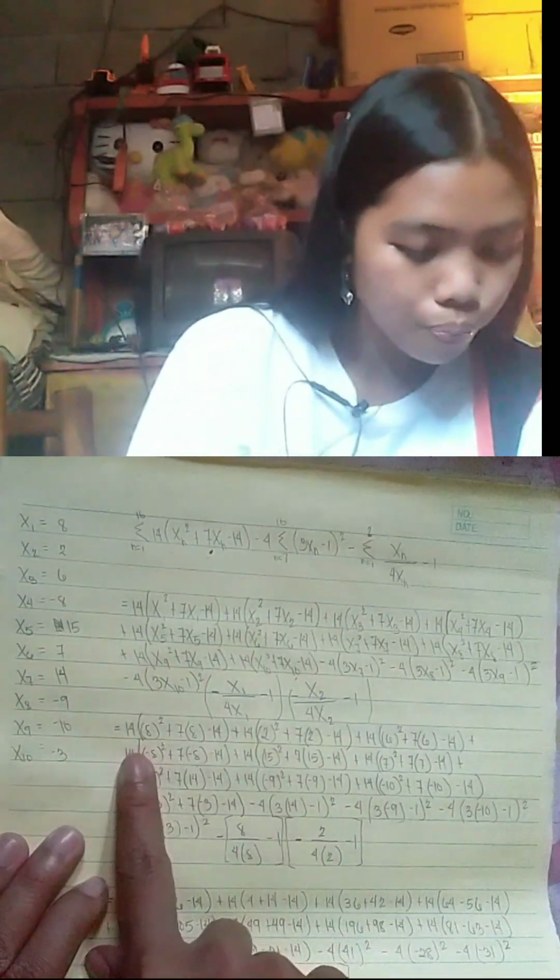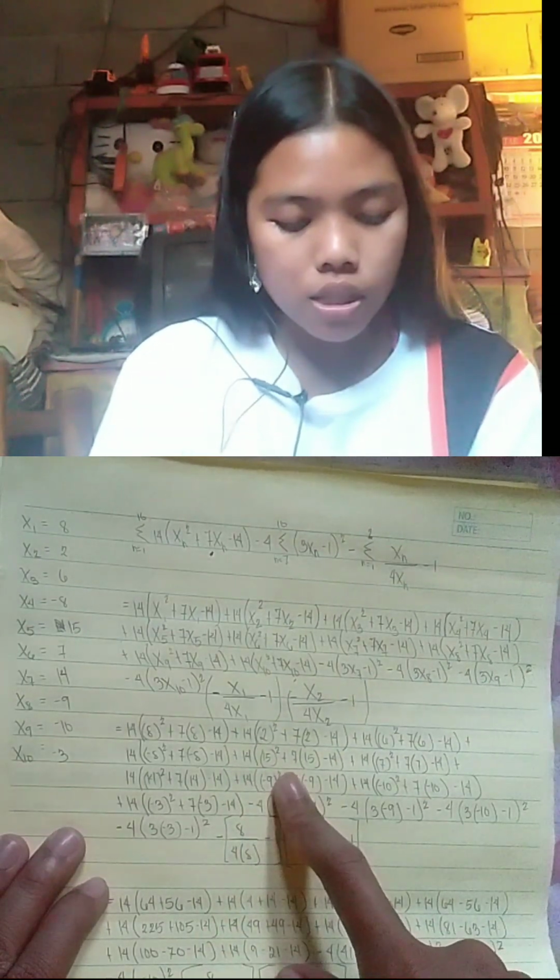Next, x sub 3 is equal to 6. So substitute 6. Same thing here, 7 x sub 3 is equal to 7 times 6. Next one, x sub 4 is equal to negative 8. So substitute negative 8 squared plus 7 times negative 8 minus 14.